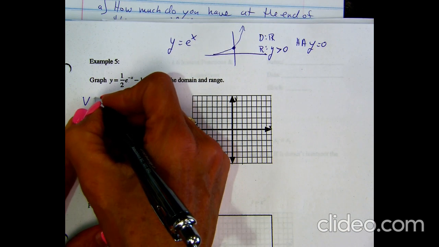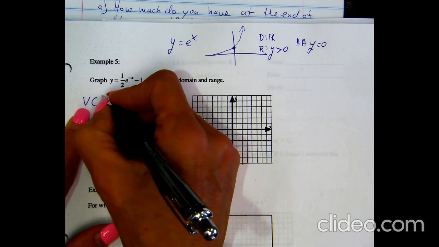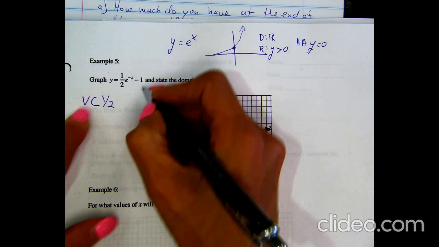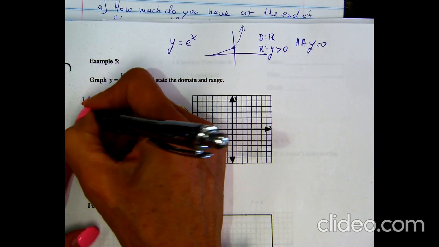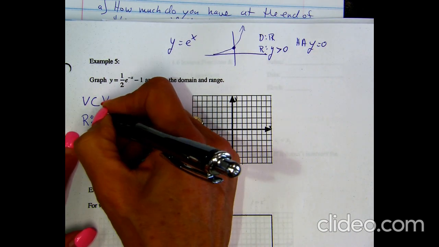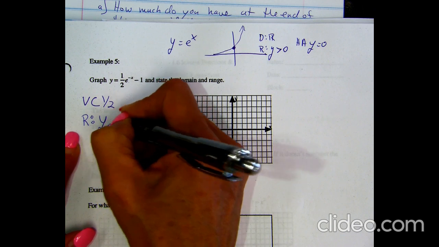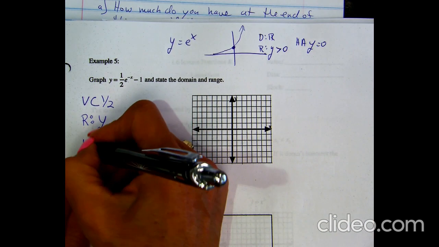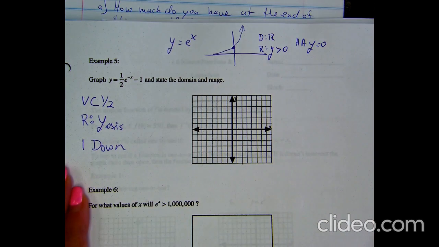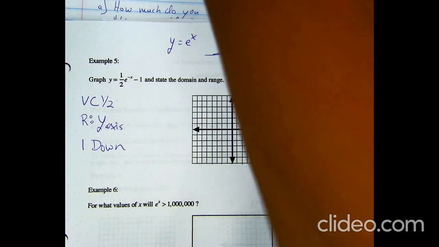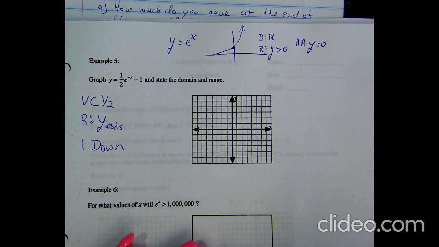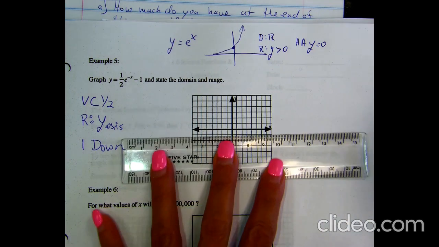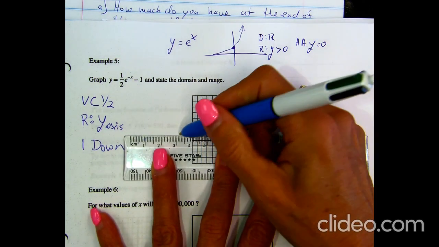So a vertical compression of 1/2. Then x goes to minus x will reflect it in the y-axis, as in flip it backwards, and the minus 1 will move it 1 down. Okay, so we know that our horizontal asymptote is moving 1 down.